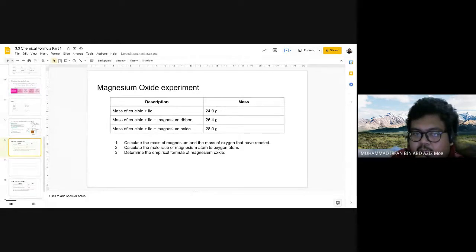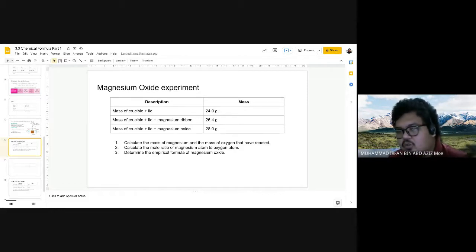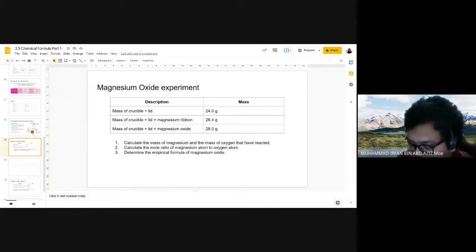Okay, mass of magnesium. So macam mana nak tahu mass of magnesium? 26.4 minus 24. So you will get 2.4 gram. And then mass of oxygen, 28 minus 26.4.